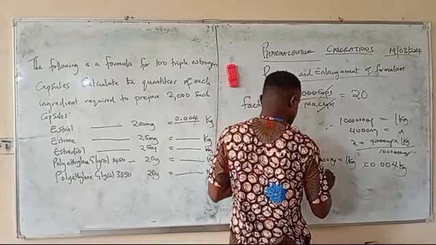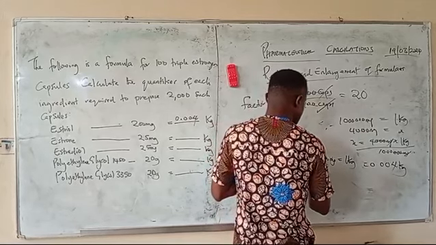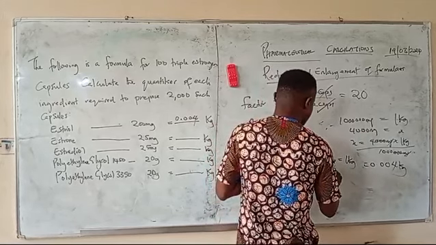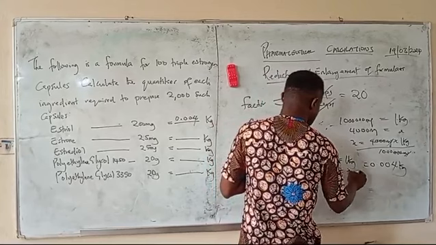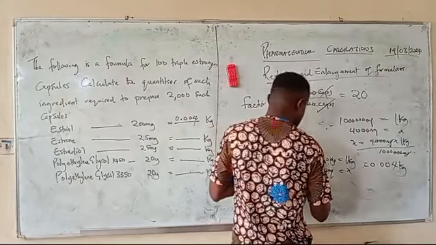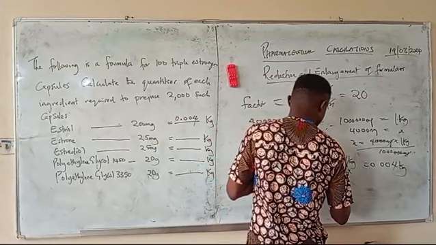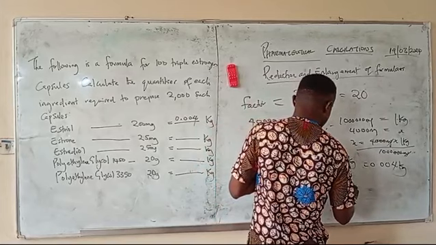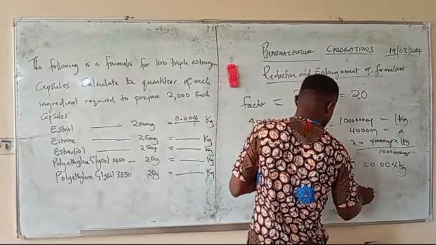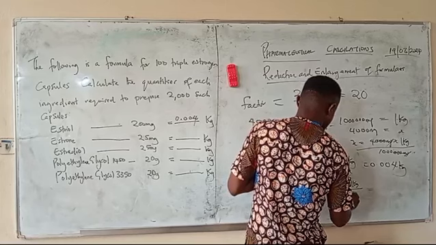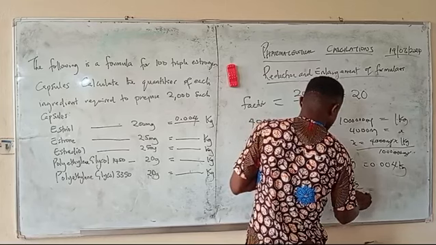And 500 milligram will now be X. So X is 500 milligram times 1 kilogram over 1 million milligram.